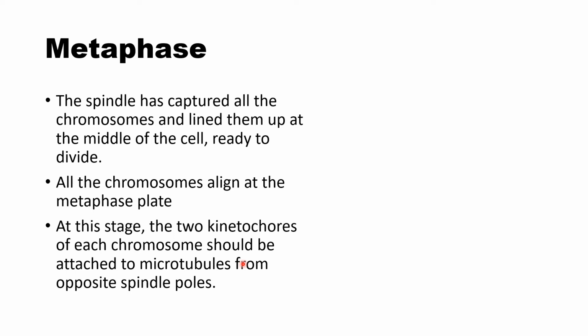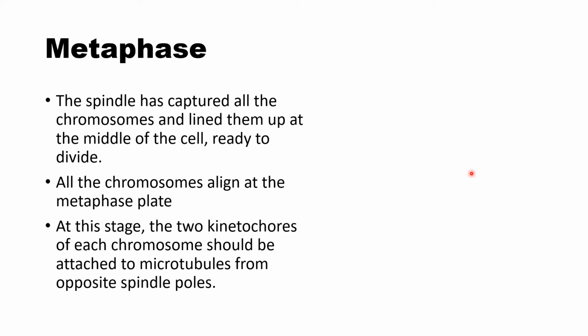So, yung microtubules from the north, let's just say from the north part of the mitotic spindle, mag-a-attach doon sa isang kinetochore. And then yung mitotic spindle from the south part, mag-a-attach ulit doon sa isa pang kinetochore. So, yun yung process na magaganap doon sa metaphase.